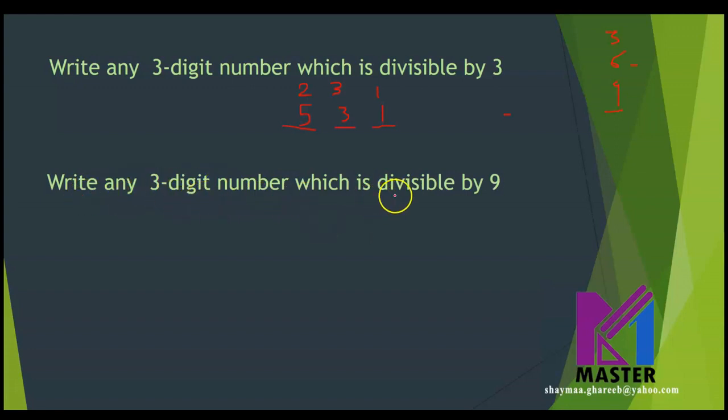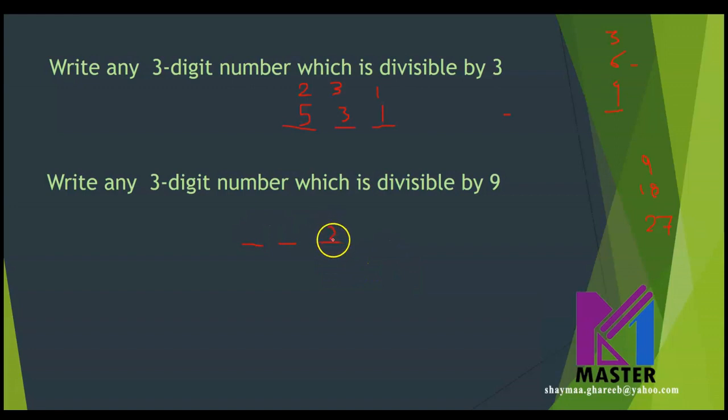Okay, let's see the next question. Write any 3-digit number which is divisible by 9. I will do exactly the same, but this time I will think of multiples of 9. What are the multiples of 9? I have 9, 18, and 27. So now I will start from the units. The sum of the three digits could be 9 or 18 or 27. So I will write any 2 numbers here.